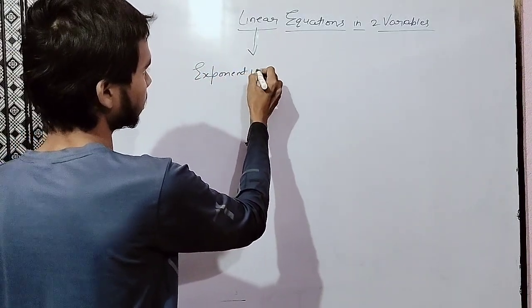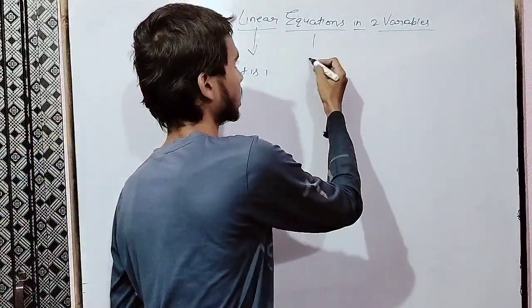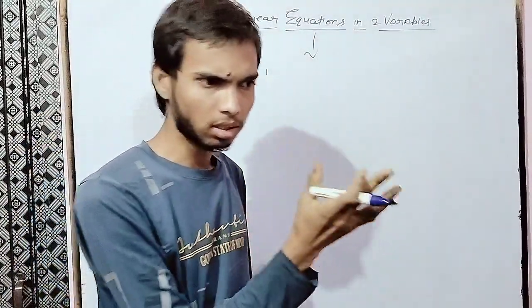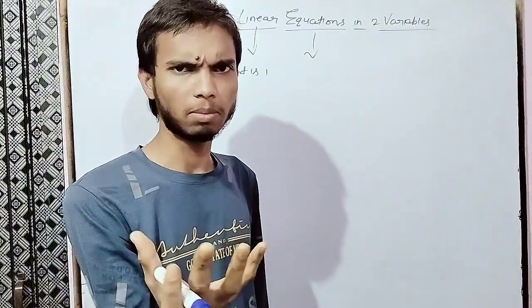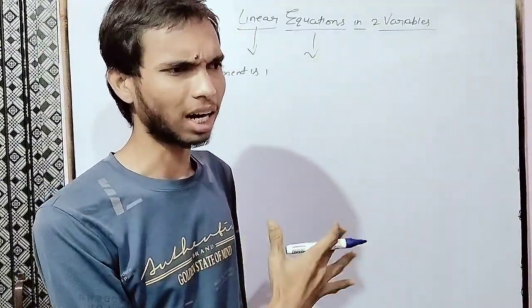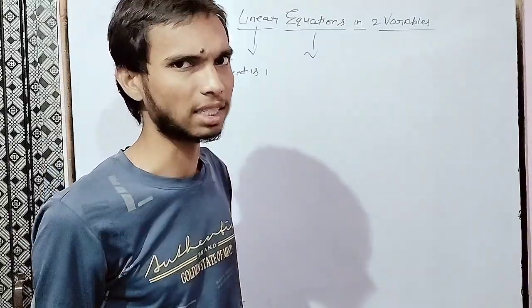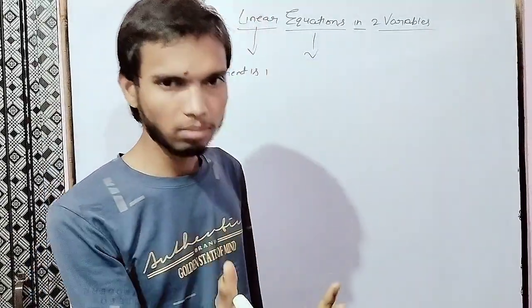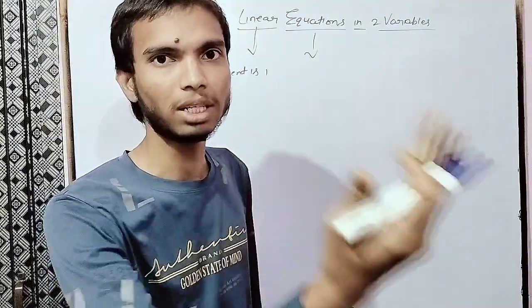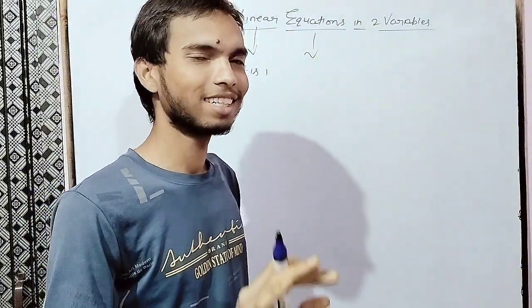Exponent is how much? 1. Exponent is 1. Equation means some algebraic expression will be on the left hand side, and some algebraic expression would be on the right hand side.